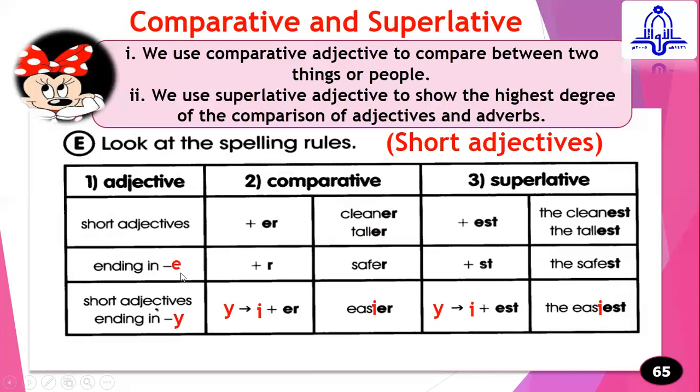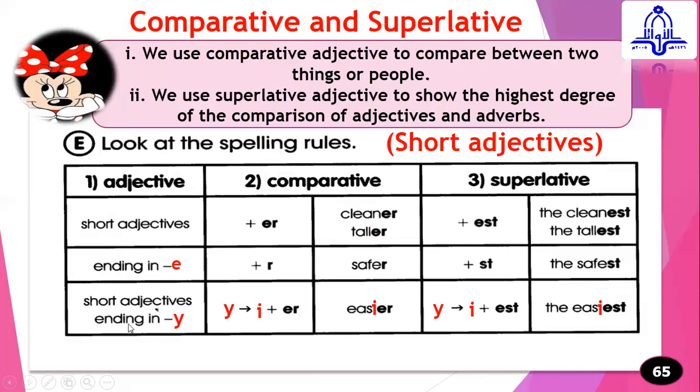If the adjective ends with E, إذا كانت منتهية ب E, so just we add R in comparative. For example, safer هذه انتهت ب E فقط نضيف R إلى نهاية الصفة في المقارنة and add ST to the end of the adjective like the safest, الأأمن.